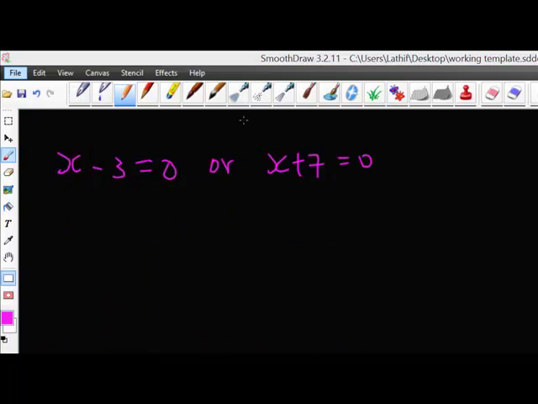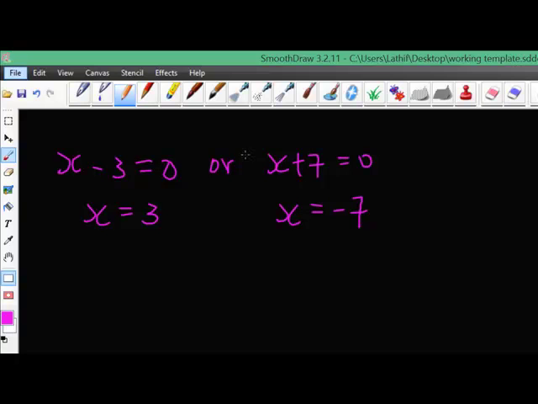Then we'll solve each of these individually. For x minus 3 equals 0, we will get x equals 3. And for x plus 7 equals 0, we will get x equals negative 7. So these are the two solutions for our question.